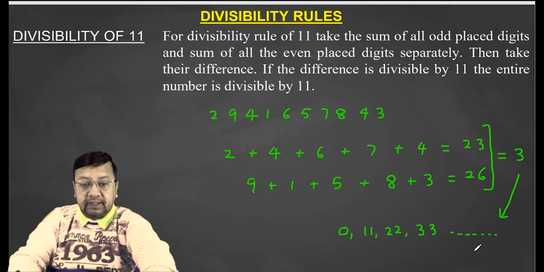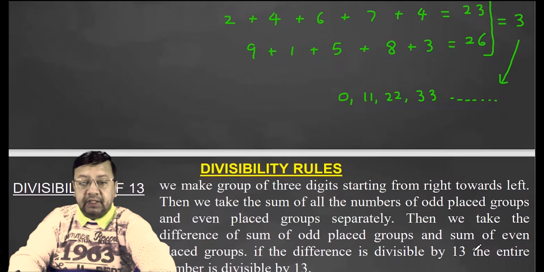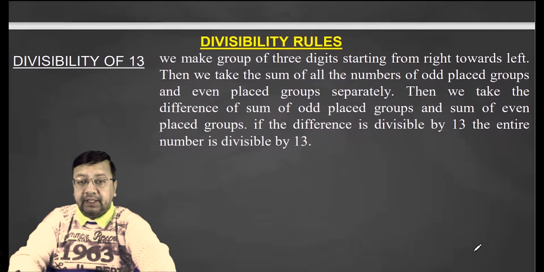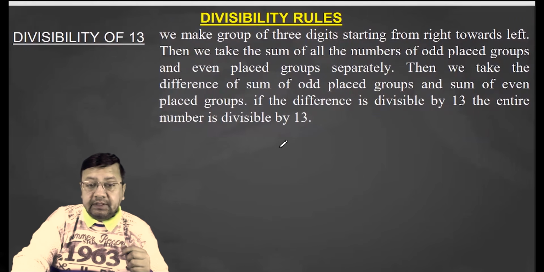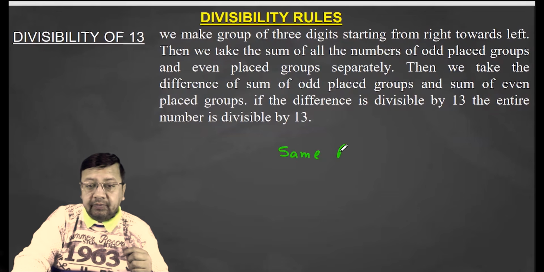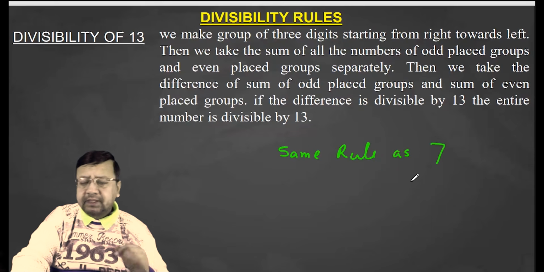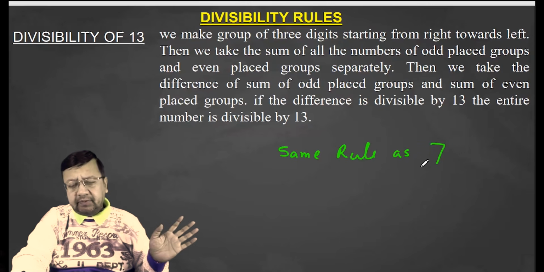And the next number which we are having is the number 13, right? So number 13 is having the same rule, right? Same rule as we are having for number 7, right? Same, exact, everything is same, right?